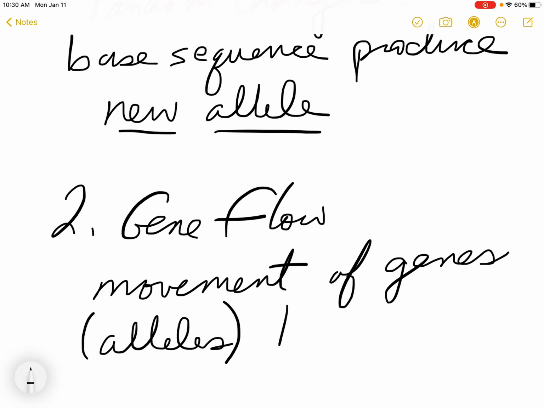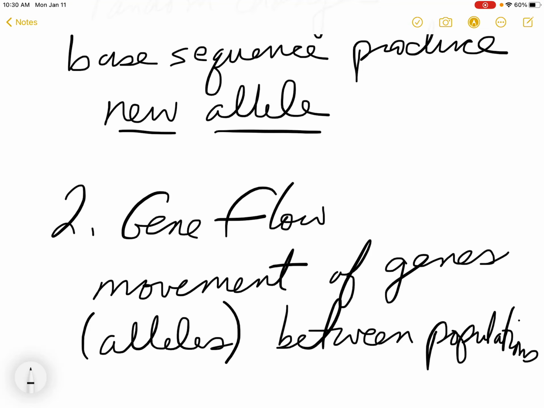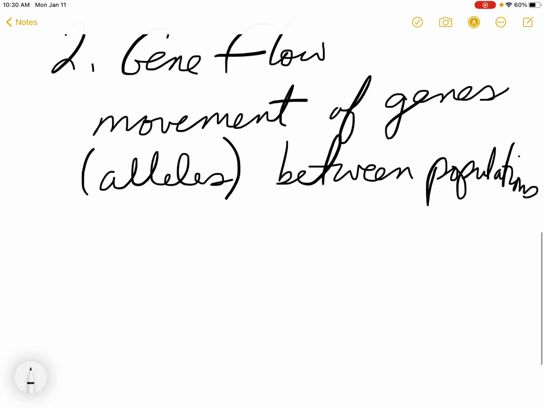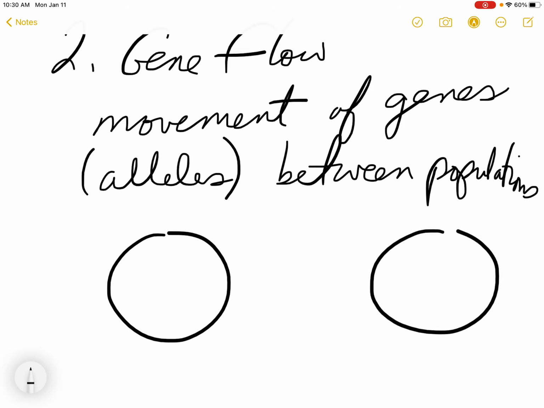The movement of alleles between populations. So if you think about a population of wolves here and a population of wolves over here, this particular population will have a certain allele frequency, right? We talked about allele frequencies when we did the marble experiment. Over here, they'll have a different allele frequency.